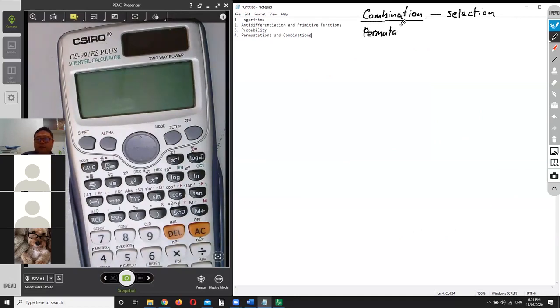An arrangement. What's the difference? In one of them order matters, in the other it doesn't matter. Ordered, non-ordered.